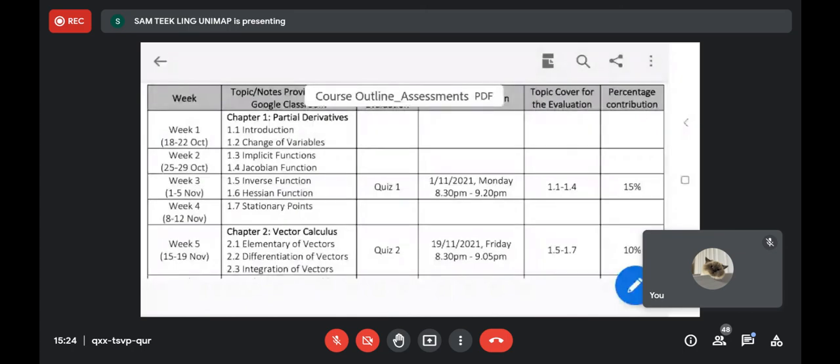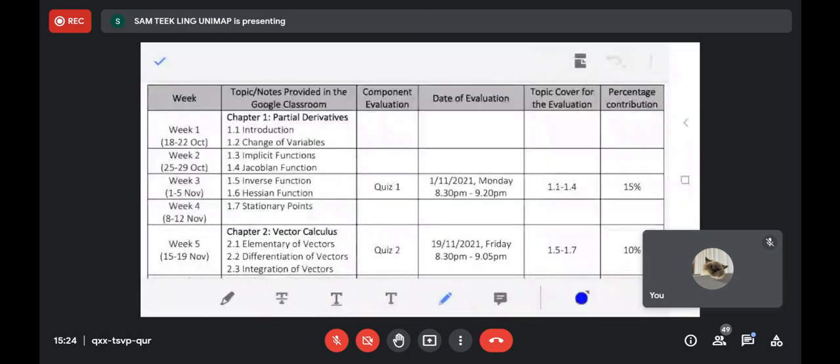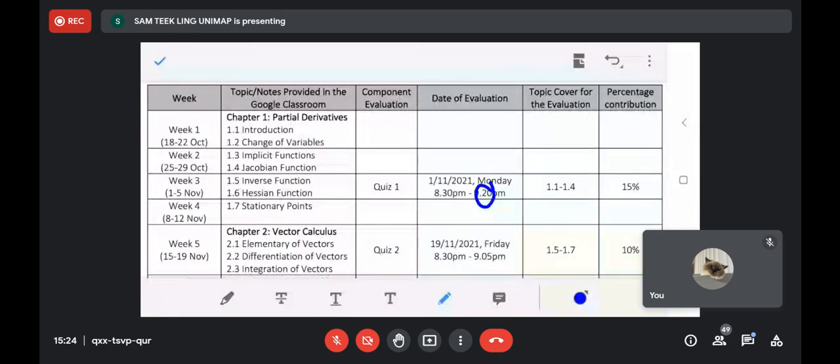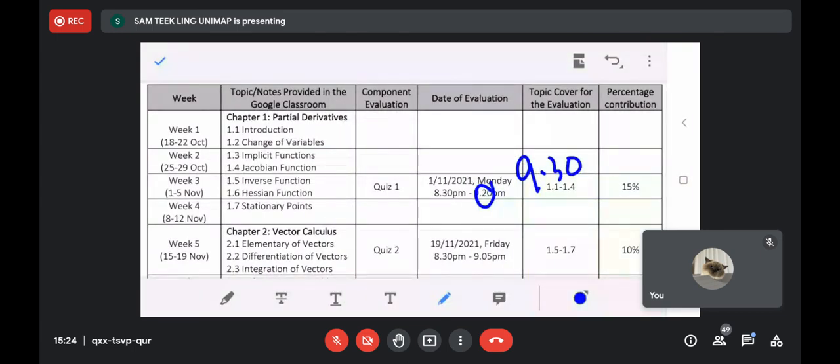Okay. If you follow this, we finish at 9:20. So maximum we will go to 9:30, then the Google Classroom will close.